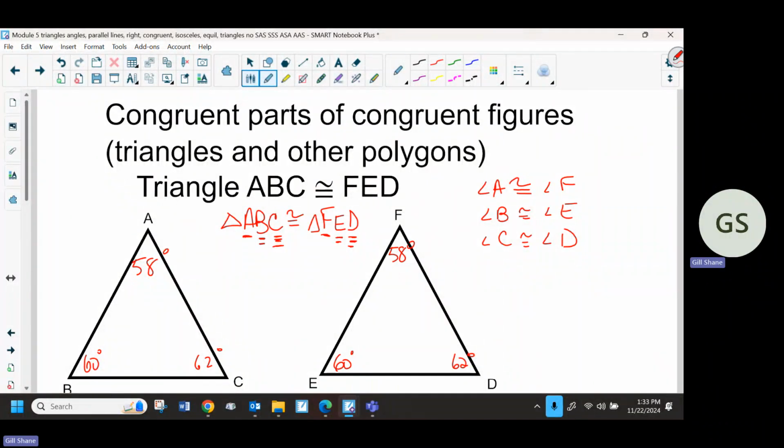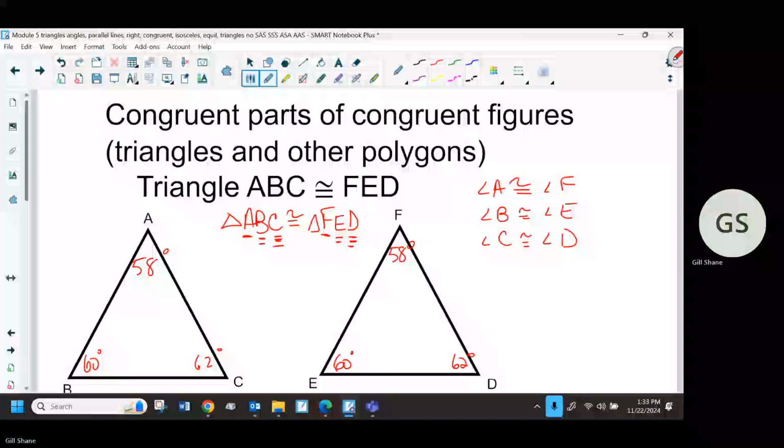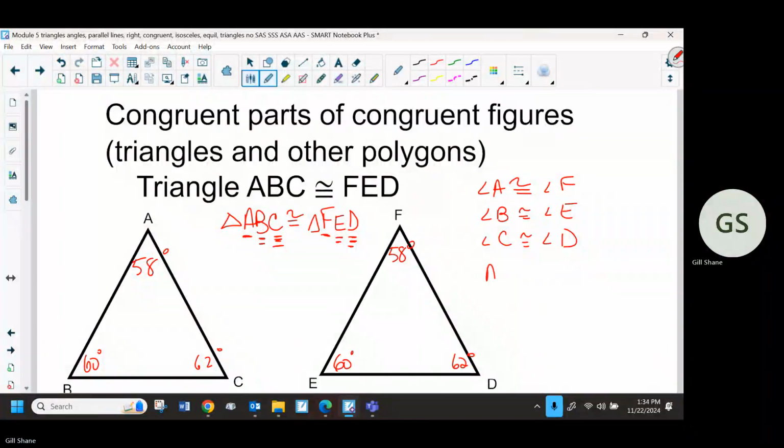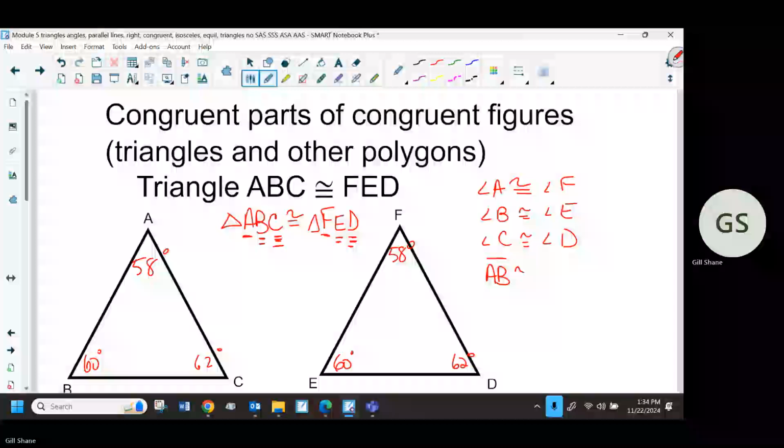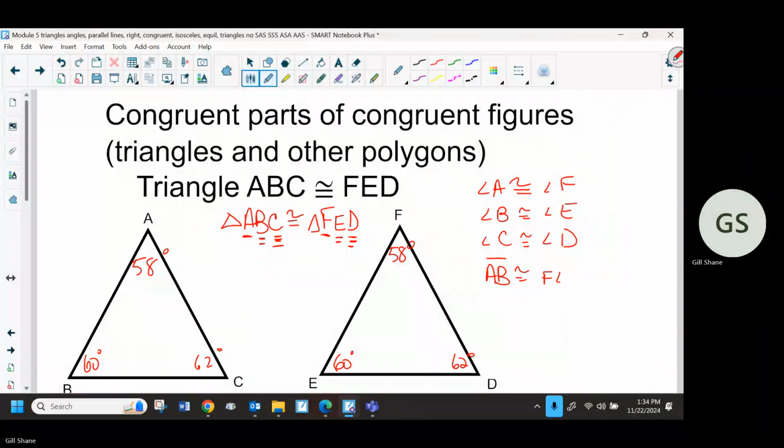We just use two letters. So side AB would match up with the first two letters here. You can do the same exact thing with sides as well.